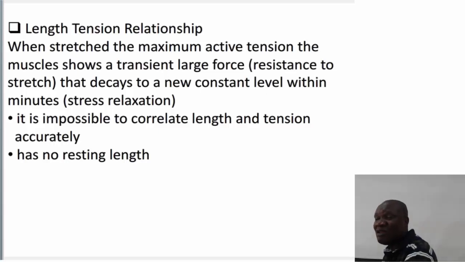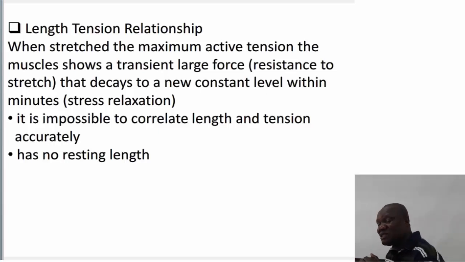Now, if the cardiac muscle, within limits, is stretched and maintained at a certain length, tension develops in that length. Now, if you stretch it further, another tension will develop. If you stretch it further, same will happen. So that you can plot a graph of tension against length. You know that at this length, the tension is like this.